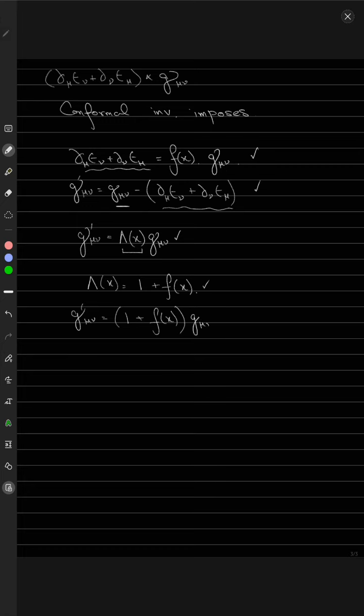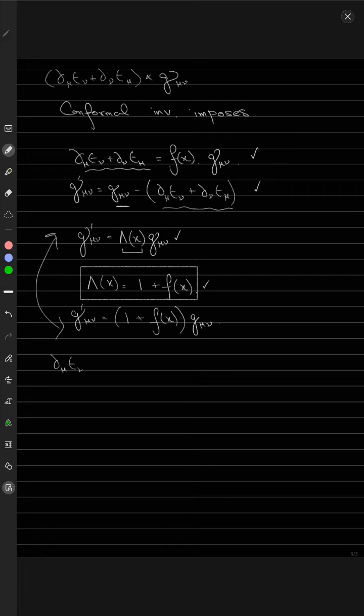Now because of this, if I compare these two, my lambda of x is just 1 plus f of x, and that thing is satisfied. All right, good.